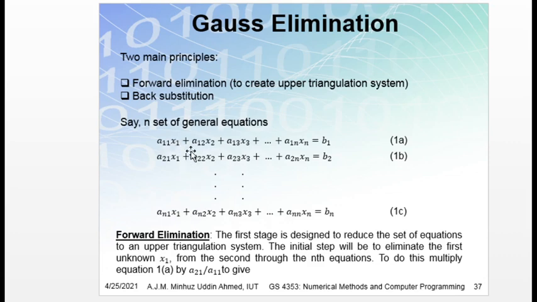Because whenever you subtract this from equation 2, a22 will not be in its original form. It will change to a new form, a22 prime, a new value, and a32 will again change into a new form. Then the changed value will be considered for forward elimination in the next step.